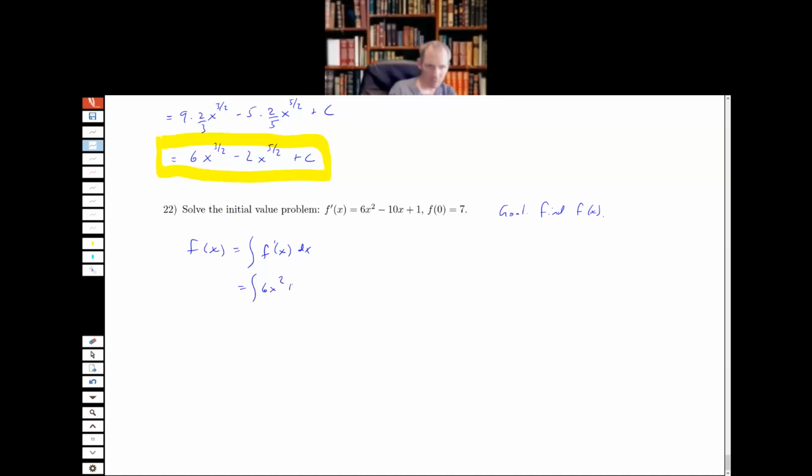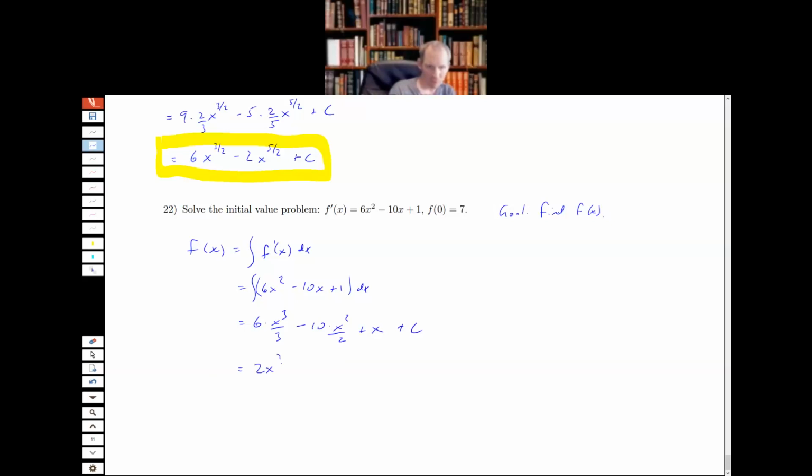So I'm going to antidifferentiate 6x squared minus 10x plus 1. So I'm going to use the power rule. So I get x cubed over 3, 10 hangs out, x squared over 2. When I antidifferentiate 1, I get x, and then a plus c.